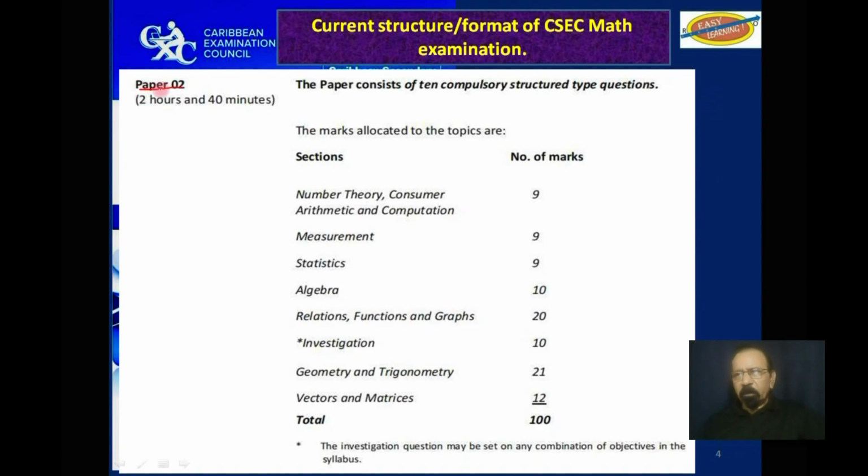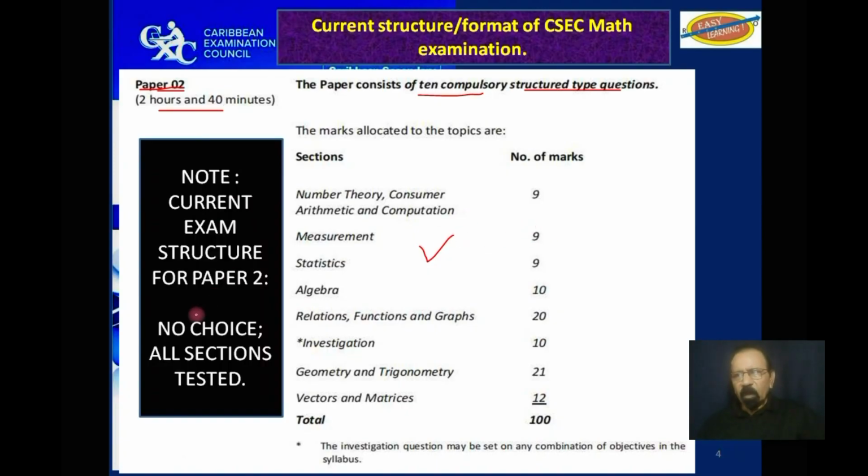There is a paper 2 for 2 hours 40 minutes. This paper consists of 10 compulsory structured type questions from all sections of the syllabus as shown below. There will be no choice of questions, as I just said, 10 compulsory questions.